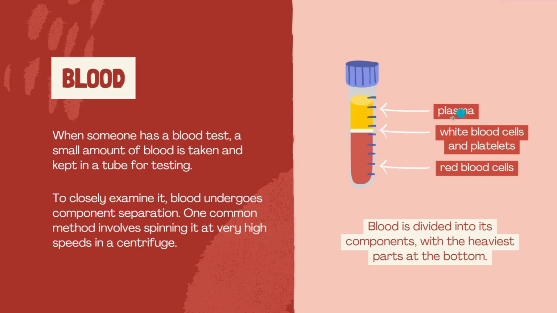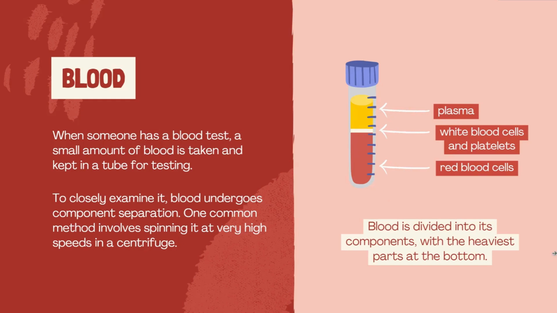As you can see in the diagram showing the test tube, we have plasma on top, white blood cells and platelets occupying that percentage, and then red blood cells at the bottom. Take note, blood is divided into its components with the heaviest parts at the bottom.